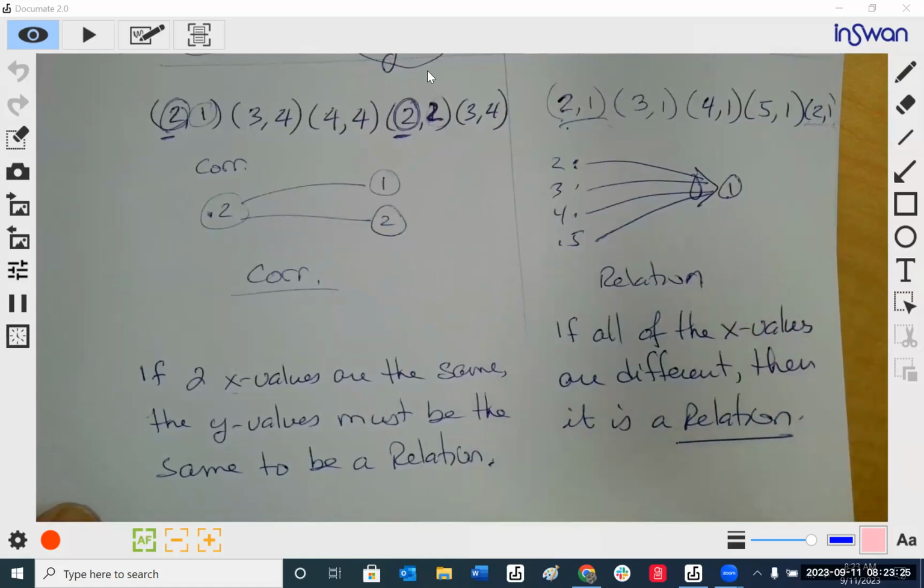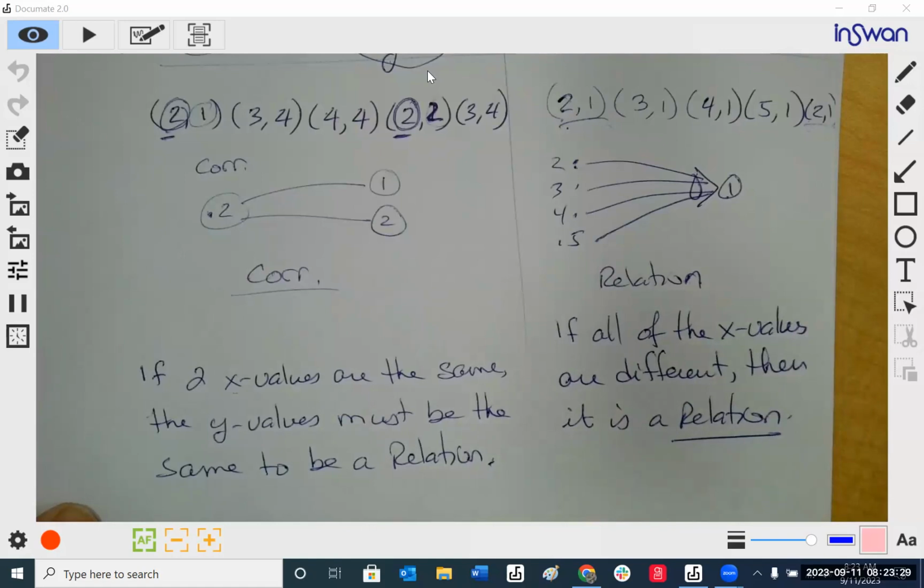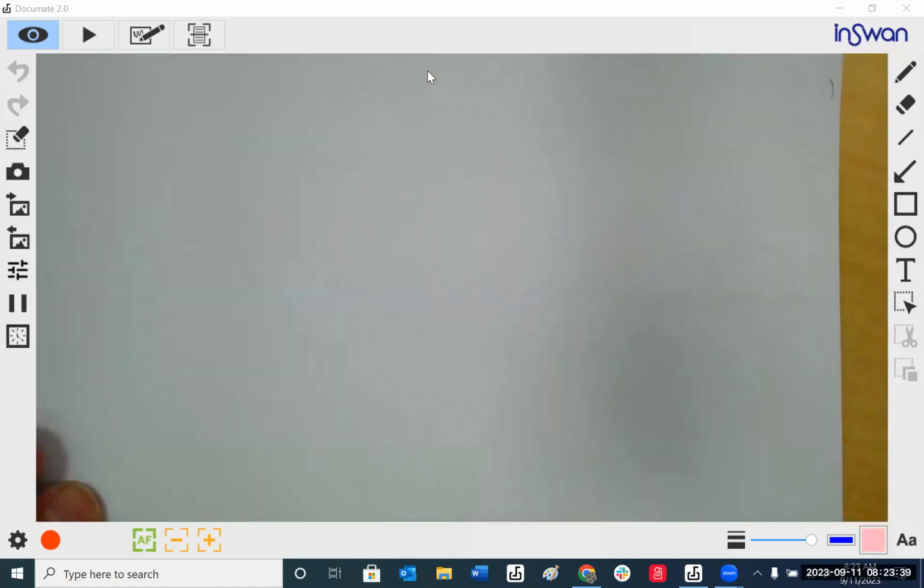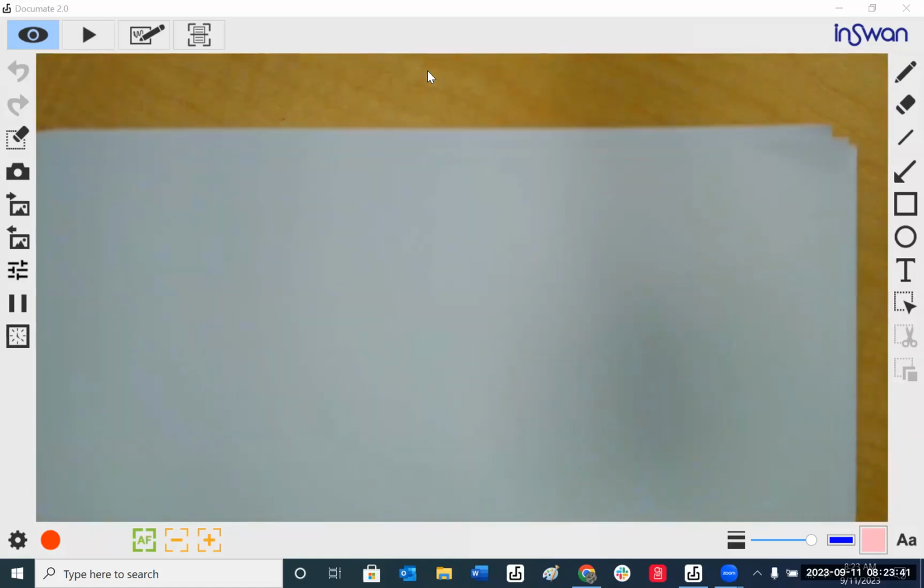How would we know if it's a relation if we look at it graphically? Let me show you.